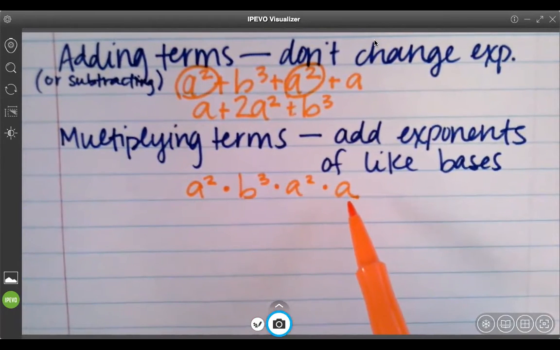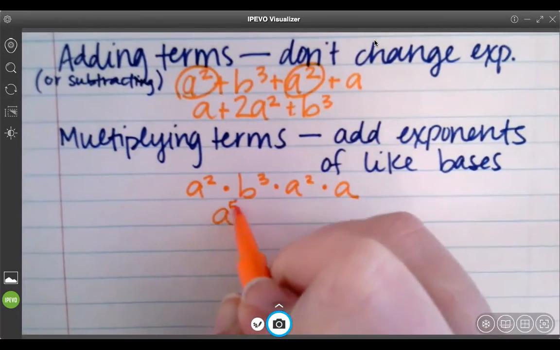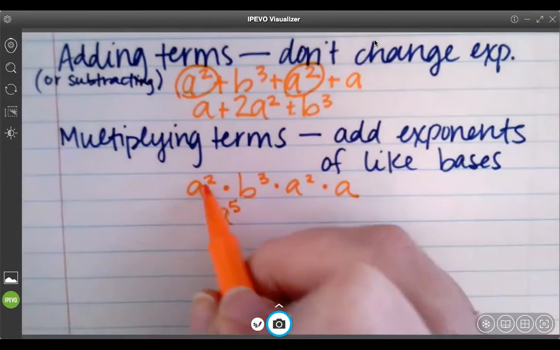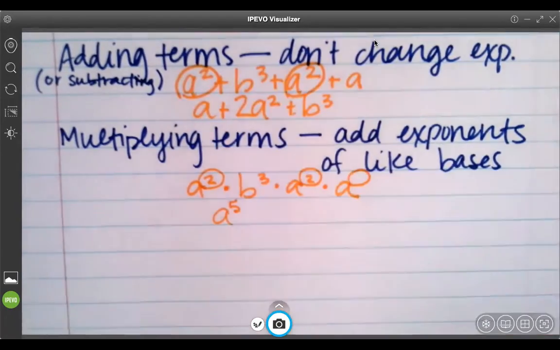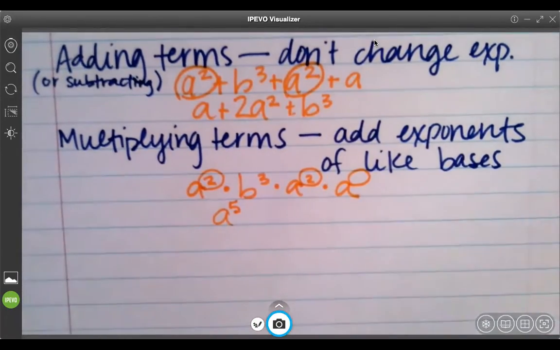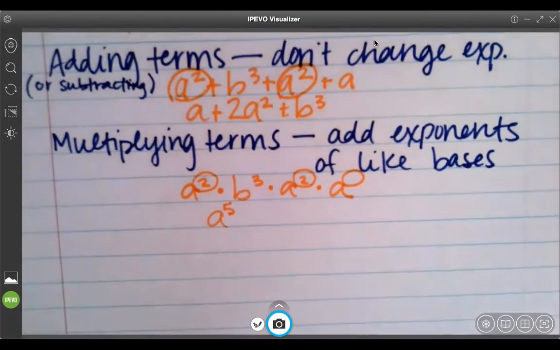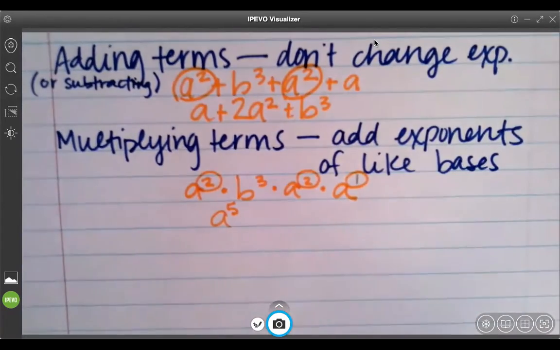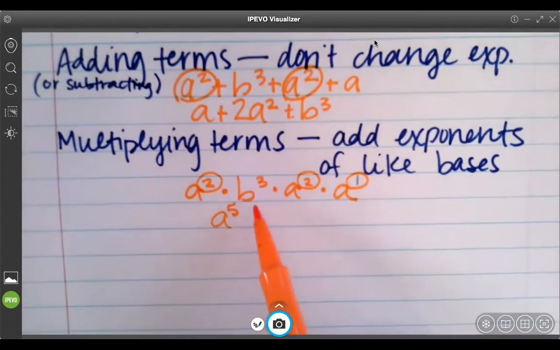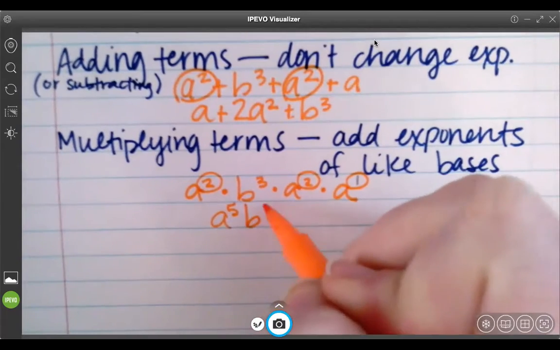The way you would write 5 a's multiplied together is a to the fifth. So we added up 2 and 2 and this understood 1 that's right there. I'll write it in gray. And then your b's don't have anything to combine with, so it's just b to the third.